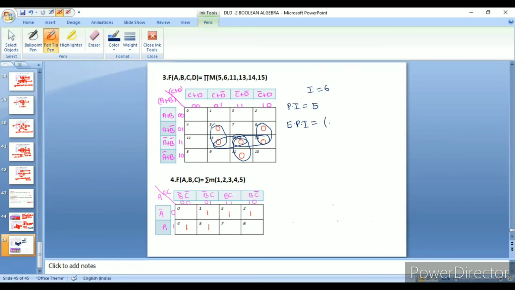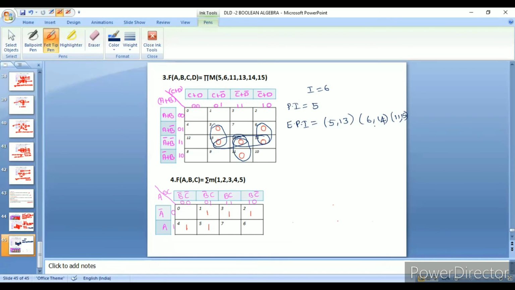So such type of pairs, such type of prime implicants: 5 and 13, 6 and 11, 6 and 14, and 11 and 15. So these are the prime implicants.